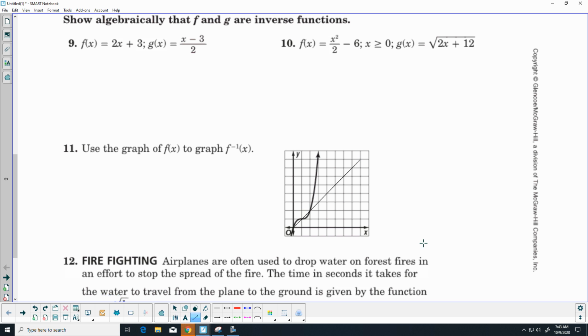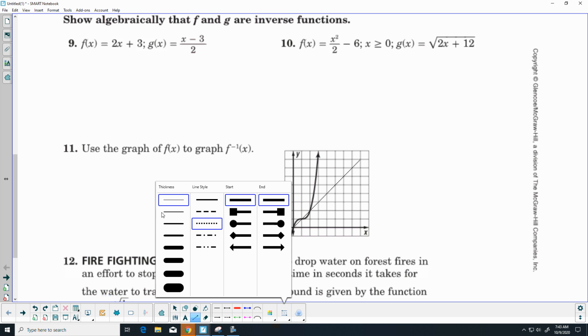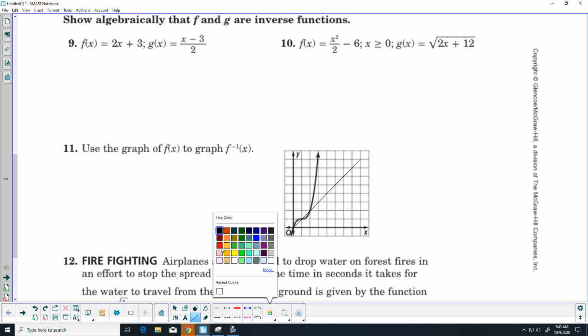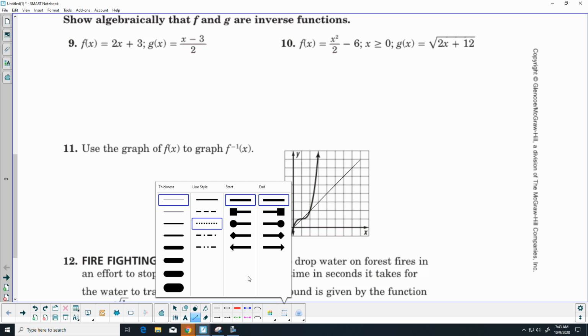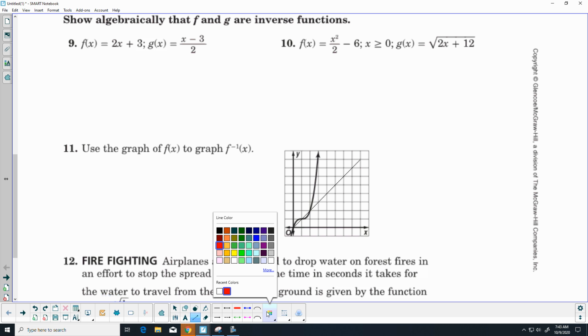So that would be a reflection. All I'm going to do is sketch a reflection of that, where it flips it over. Make that a solid line. Let's do it in red.